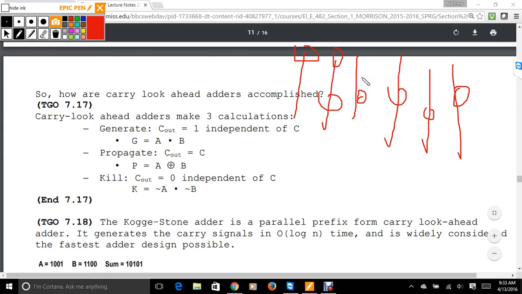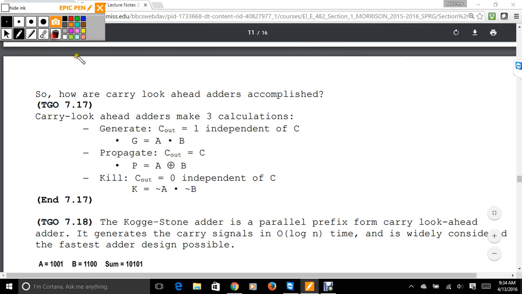Based on the inputs it's getting, it's going to predict the carry signal without even requiring the rest of them. The way it does that is it generates a signal and then propagates it. The third part is kill, where it predicts a 1 but then realizes it should be a 0. The generate carry out is 1 independent of the carry in, so generate is A and B.